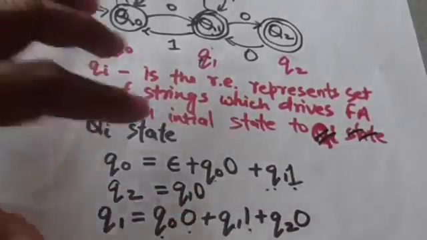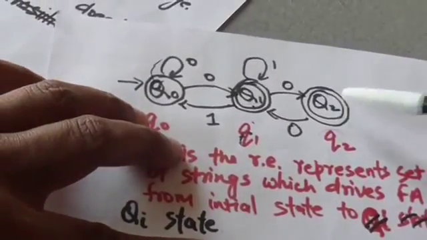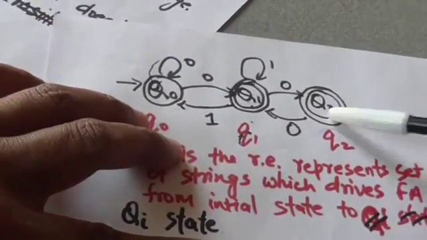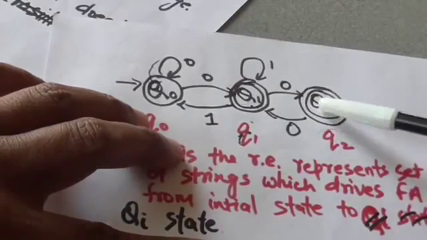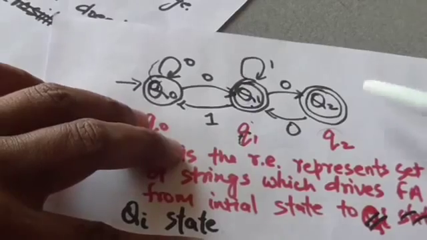Similarly, see, when the machine is in state Q2 and it reads input symbol 0, then it jumps to state Q1.